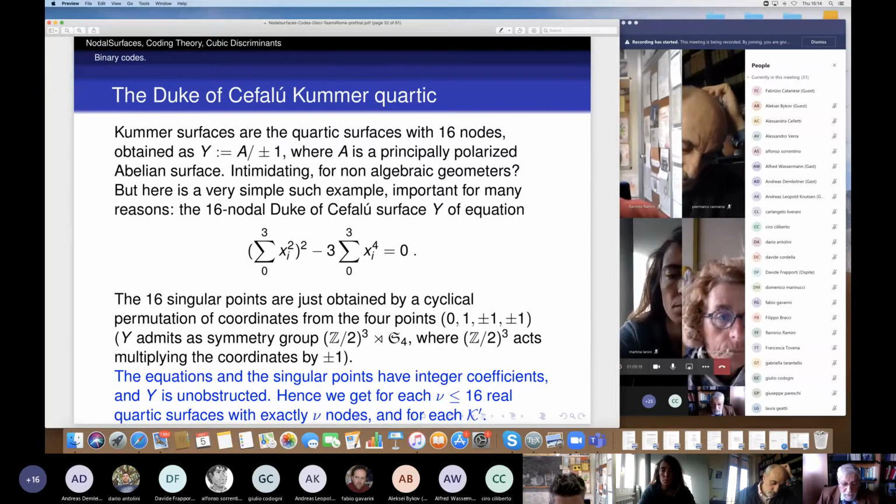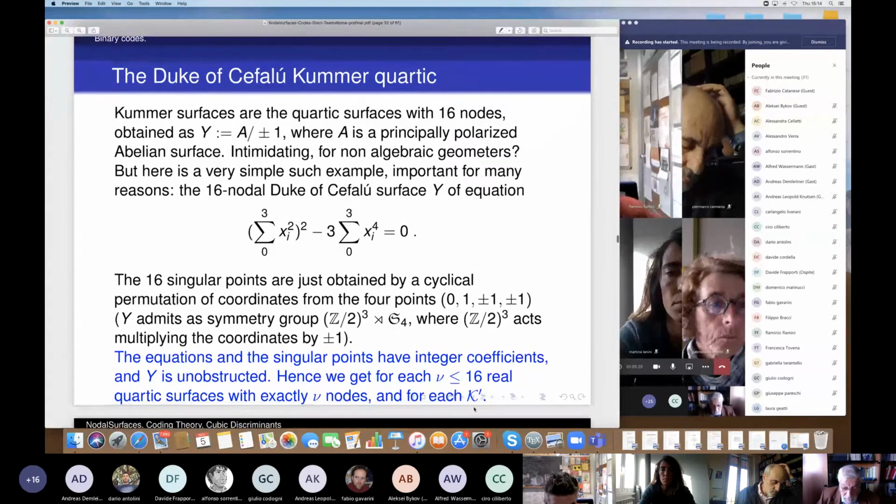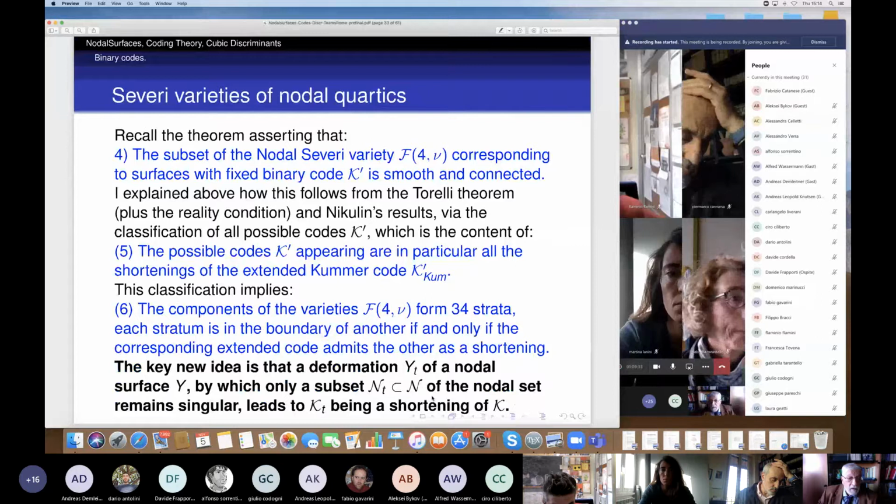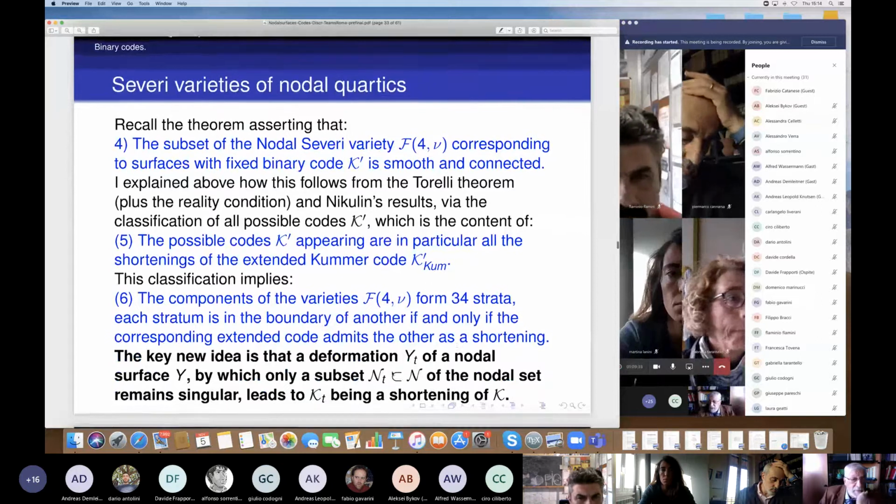And from this, it follows that for each n_i at most 16, you can find these quartic surfaces with exactly n_i nodes for each K prime. So this explains the theorem.